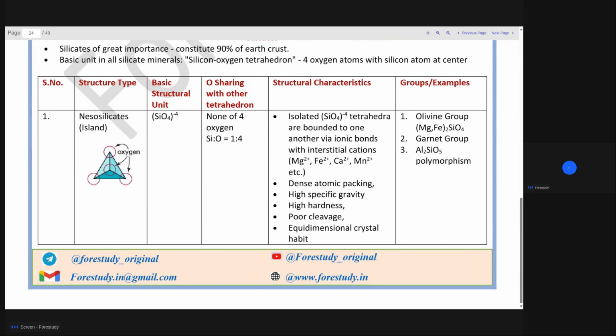So for nesosilicate, you will remember that a nest just lies as a single part, so nesosilicates are also single. They don't have a paired structure. Also, you can say island silicates, meaning a single island or a single nest. Example is olivine, garnet.